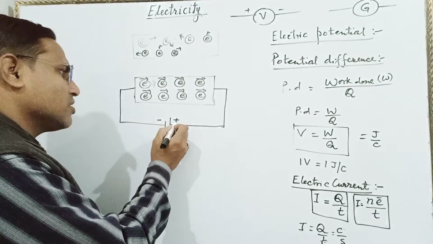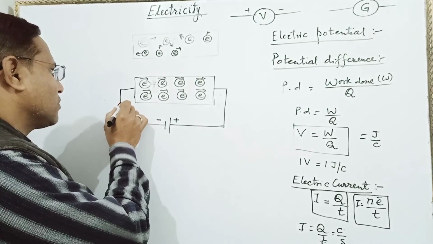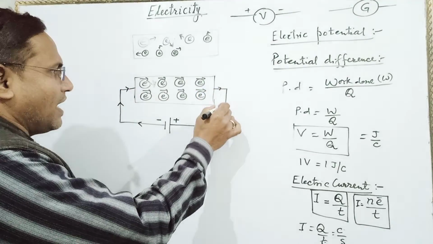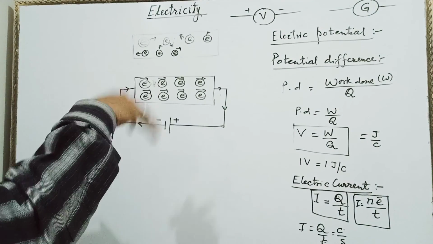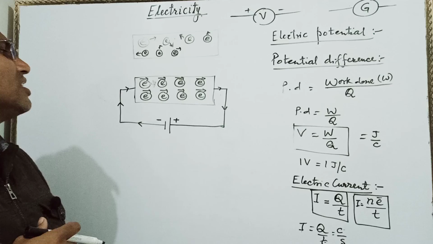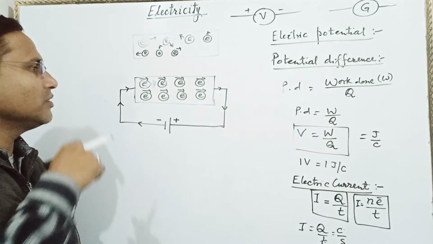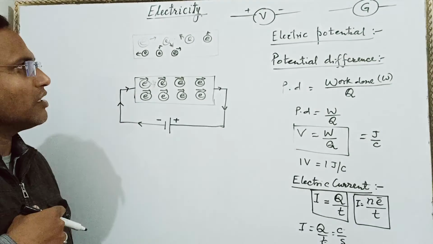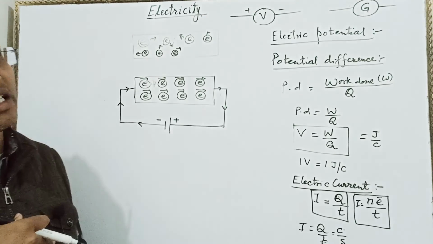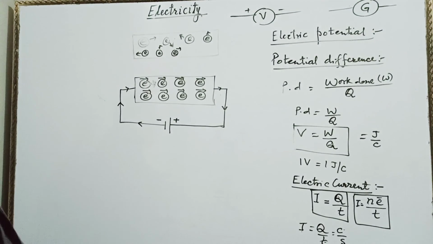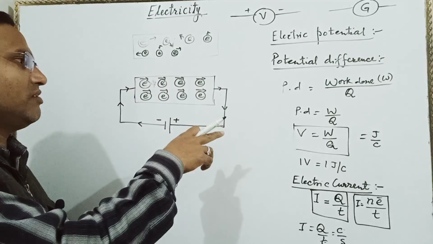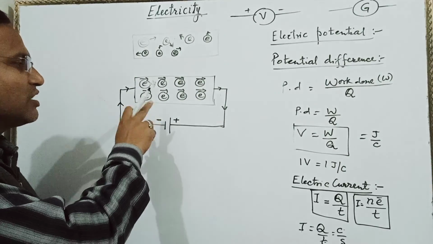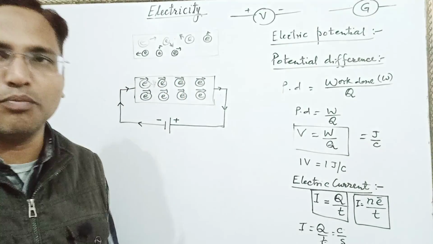This is negative, this is positive. In this way it will start flowing, and the electrons get arranged in such a way that they are going from the negative end to the positive end. But the conventional electric current, as we saw earlier, is from the positive end to the negative end. But the electronic current is from the negative end to the positive end.